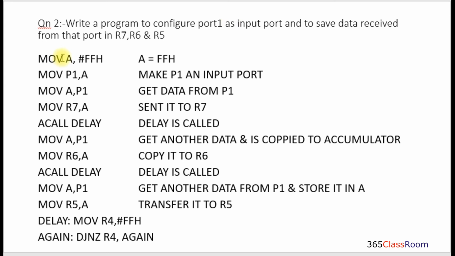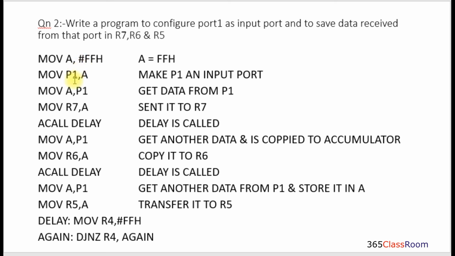First, you want to configure port 1 as input port. For making port 1 an input port, you have to send a high value to port 1. There are 4 ports available for 8051. In order to make any port an input port, you have to send a high value to that port.